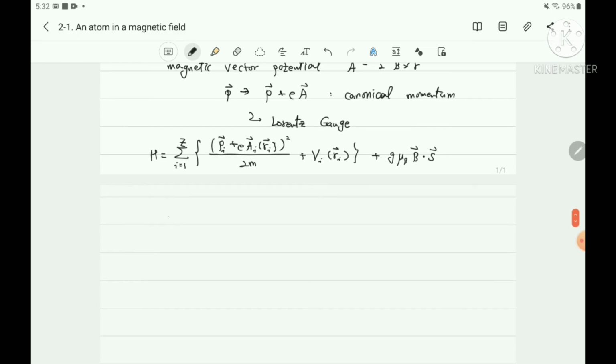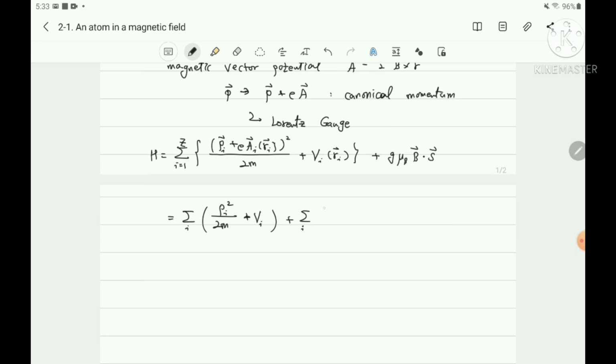Here, let's expand this relation. In the summation over i, the kinetic energy p_i squared over 2m plus V_i is H0 without applying a magnetic field, and the additional terms should be considered.